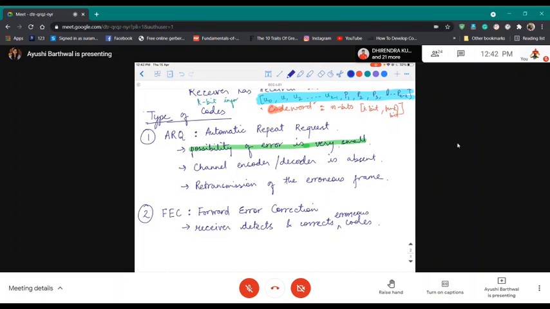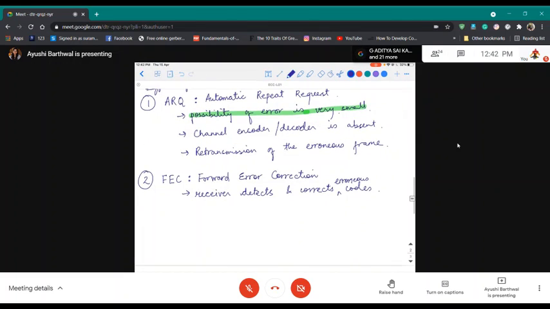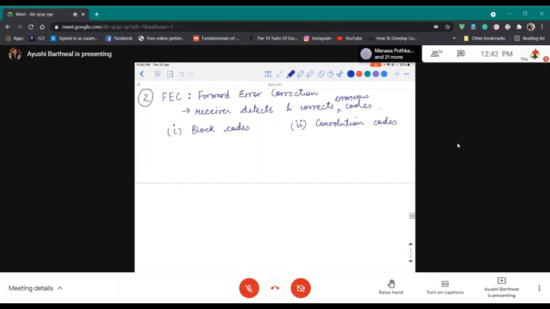FEC codes are also divided into two parts: block codes and convolution codes. So we'll be discussing block codes first, and in the next chapter we'll be discussing convolution codes.